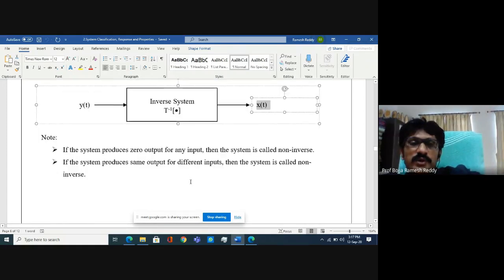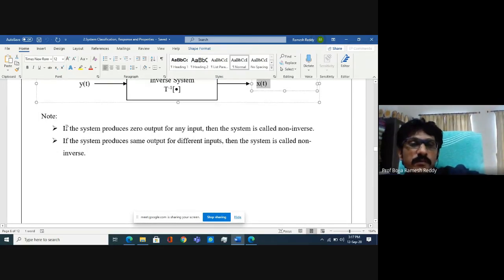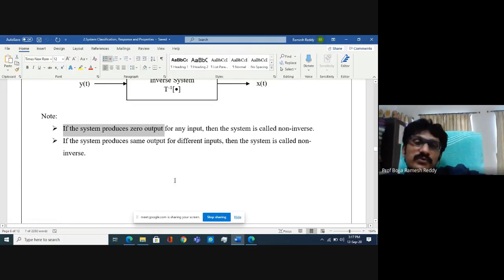Here are two important points under inverse systems. If the system produces zero output for any input, then that particular system is a non-inverse system. We give some input, and for a particular input, the output is zero.